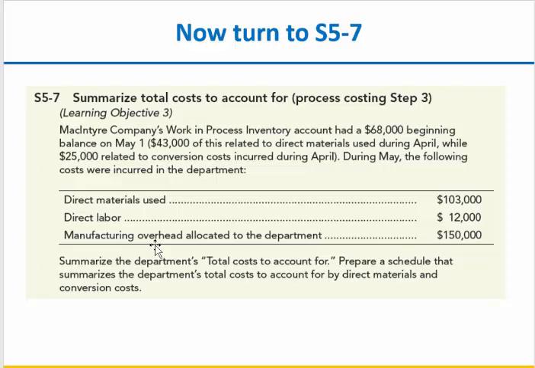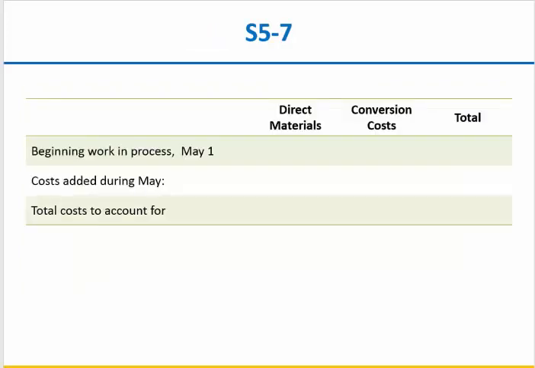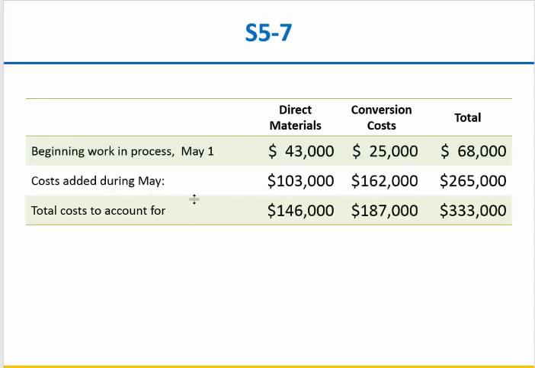One is for direct materials cost, one is for conversion cost, because these two costs, normally they are introduced to the manufacturing process differently. So in this case, we are going to set up a table like that. We have a beginning work in process inventory, we have cost added during May, and then we have total cost to account for.